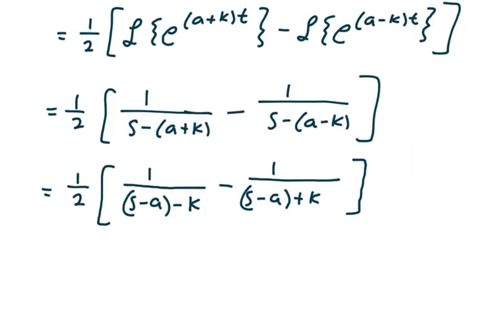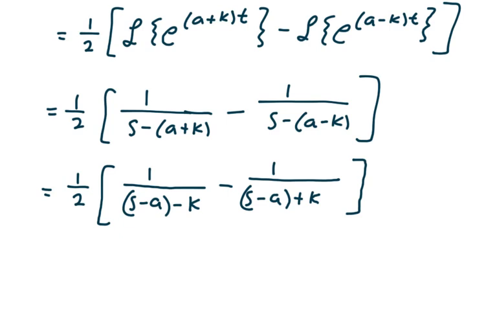And so over here you can see I just rewrote that. On the next line, we get 1/2 the quantity, 1 over s minus (a plus k), minus 1 over s minus (a minus k). And again, I just used formula 2.